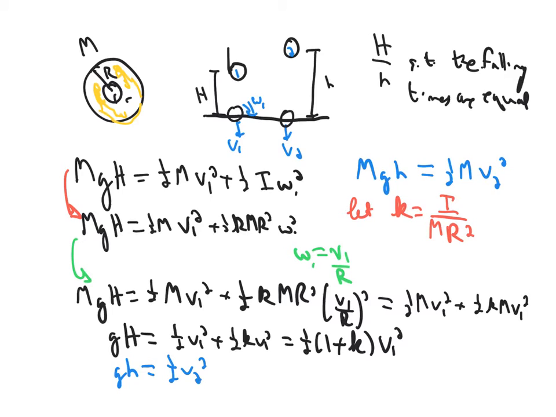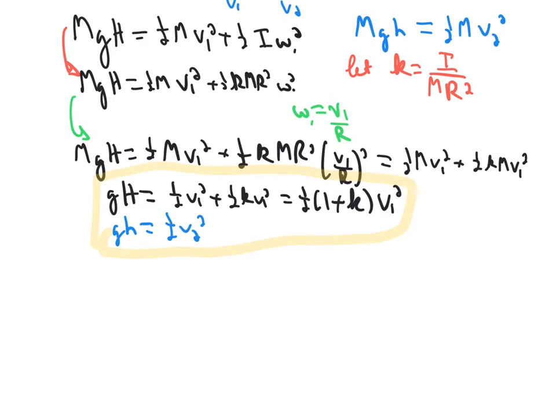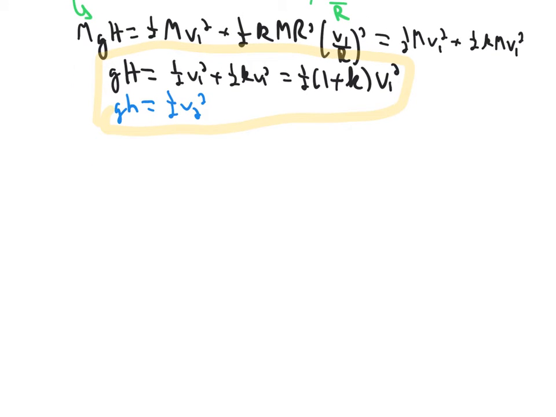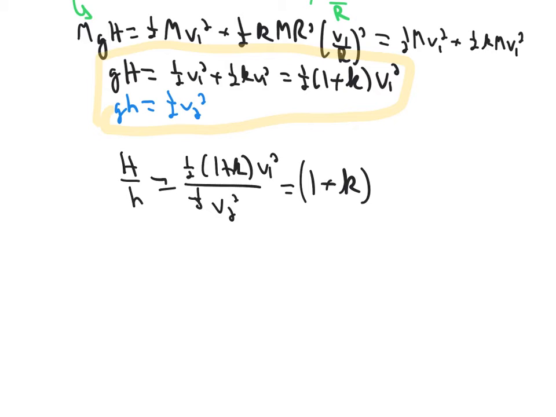So we're left with these things, which we can say, as we move a little bit down, that the ratio big H over little h is now 1/2 (1 plus k) v1 squared over 1/2 v2 squared, or interestingly enough, 1 plus that factor k times the ratio of the squares of the velocities, which is not tremendously useful at the moment because we don't have that. But have no fear, it will be fine in a little bit.